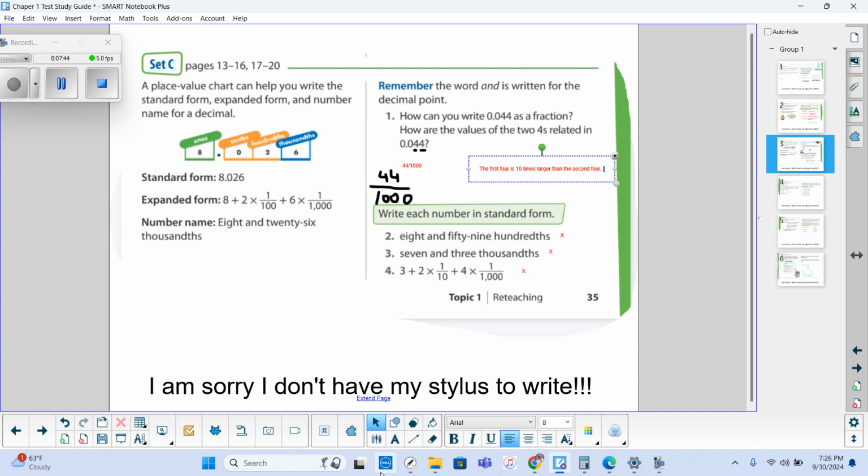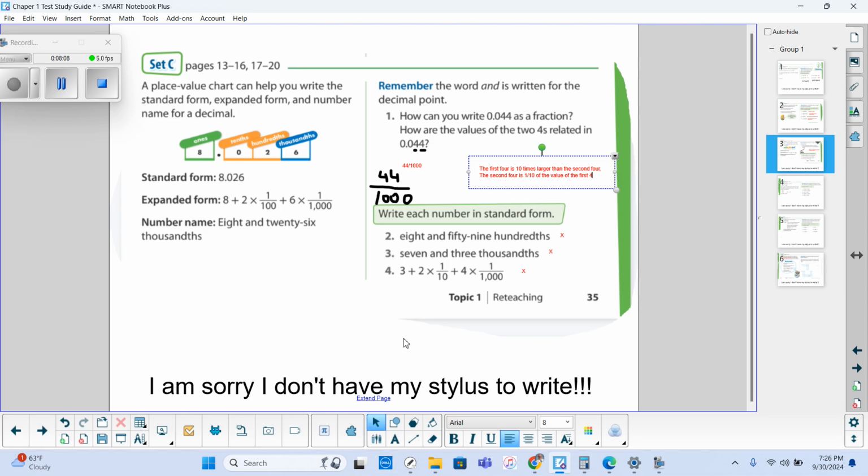Or you can say the second 4 is 1/10 of the value of the first 4.